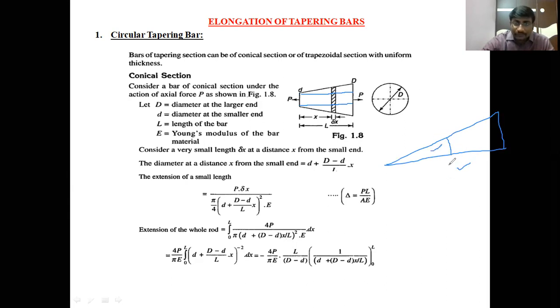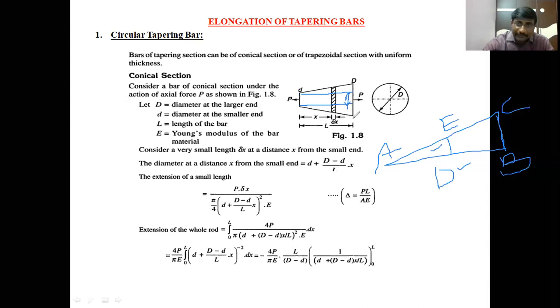Clear? Let us name the points A, B, C, D, and E. From these similar triangles, the ratio of sides are equal. This distance from this place to this place is small d.